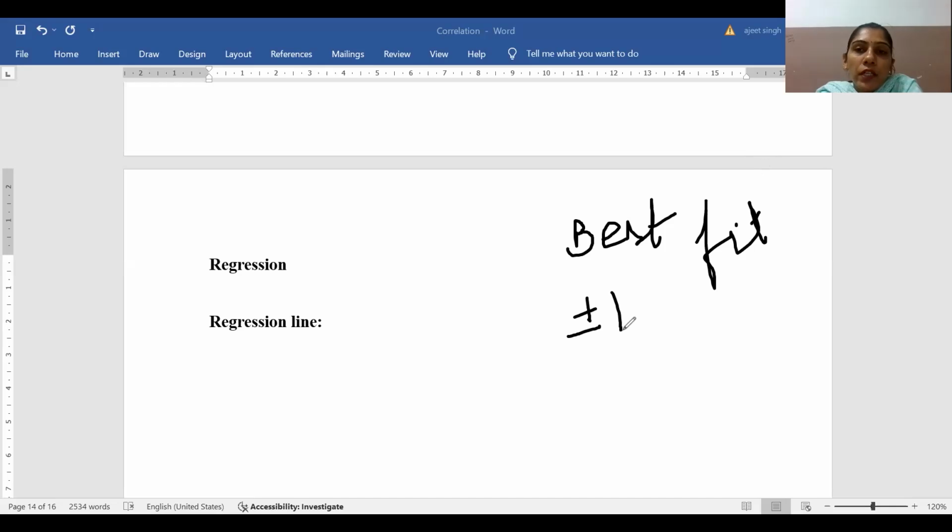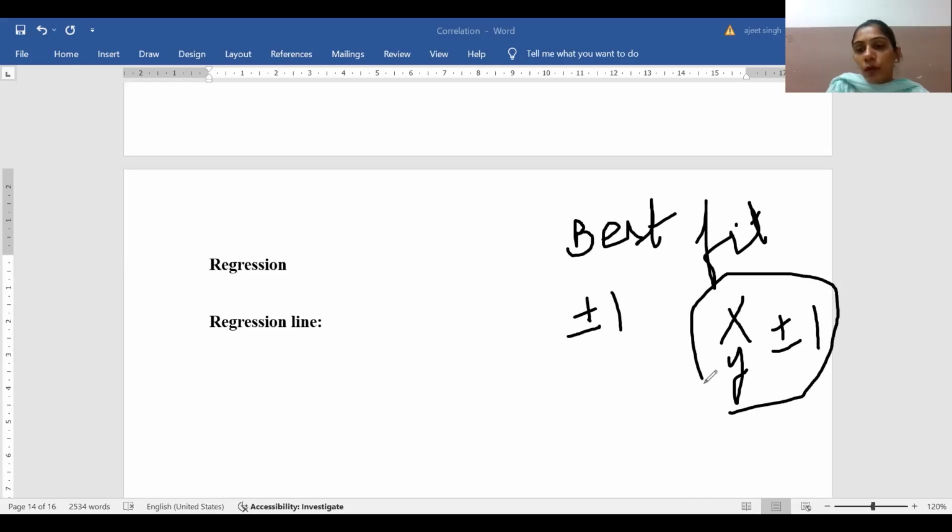Okay, when there is a perfect correlation, perfectly positive or perfectly negative, between the two variables x and y, plus 1 or minus 1, then there will be only one regression line, because in such a case both the lines coincide.